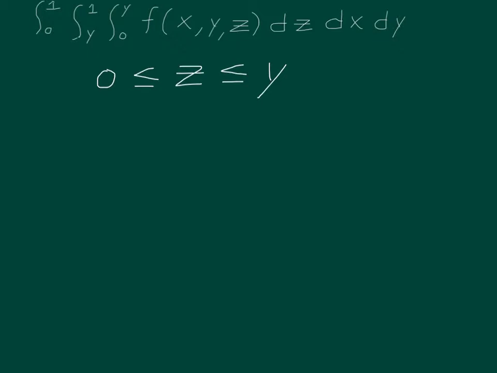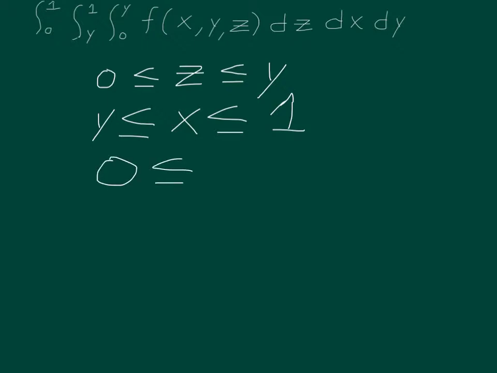So once we look at the x variable, as we've stated before, the x variable ranges from y to positive 1. And last but not least, we carry on the same process with the y variable, and that ranges from 0 to positive 1. So we can say 0 is less than or equal to y, which is less than or equal to positive 1.